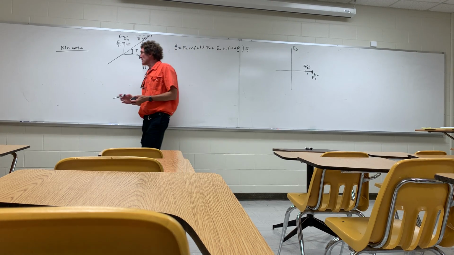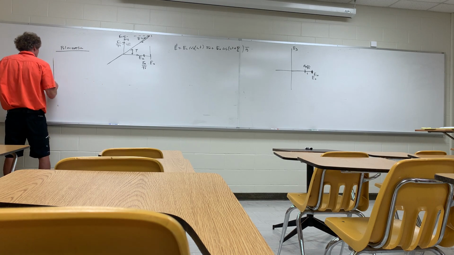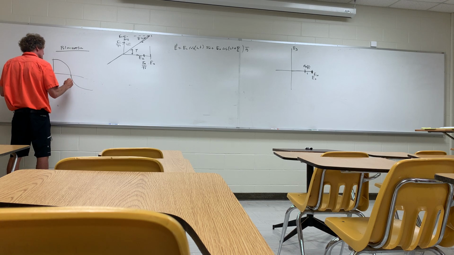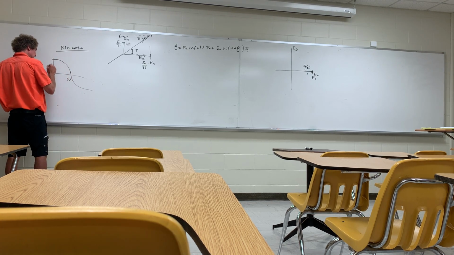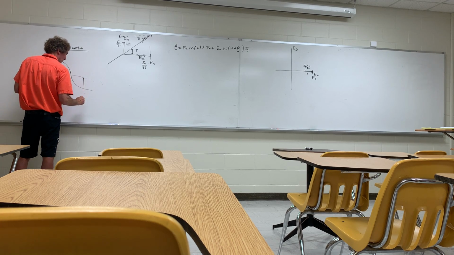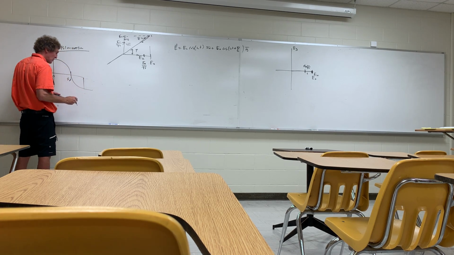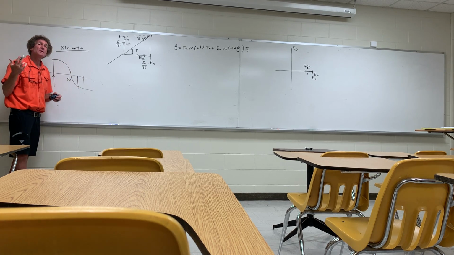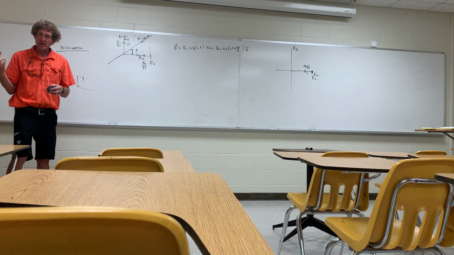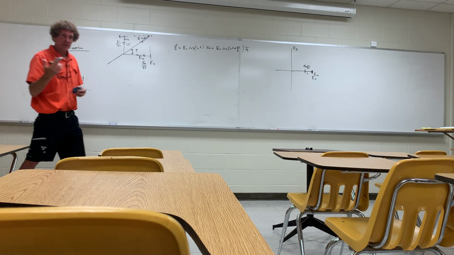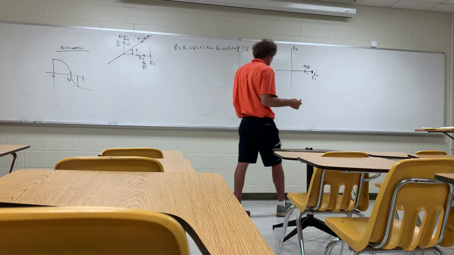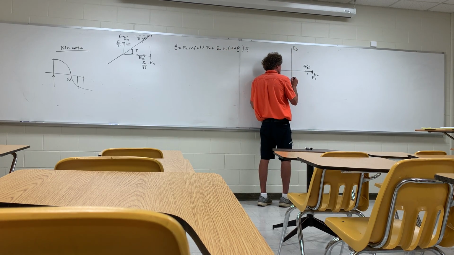Remember how a cosine waveform looks? If you take a look at a cosine waveform, it does this, right? So this would be at 90 degrees, right? This would be a cosine. This is at 0. And at 135, or it's actually right here, it would be minus E naught over square root 2, wouldn't it? Right? It has a magnitude of E naught over square root 2, but it's negative, right? It means it's down here.